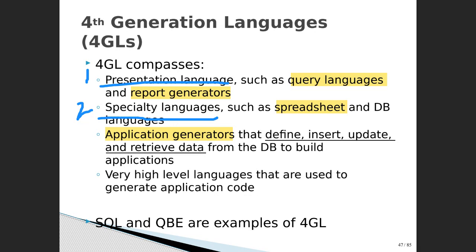And number 3, application generators that can be used to define, insert, update, and retrieve data from the database. And 4, also we can see very high level languages used to generate codes or application codes. This is it, application code.